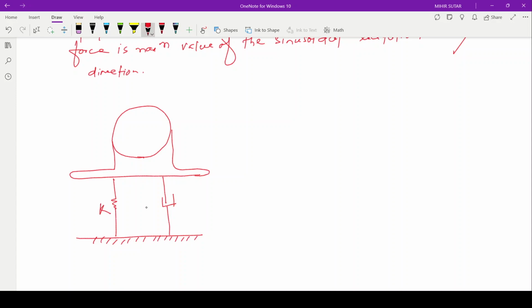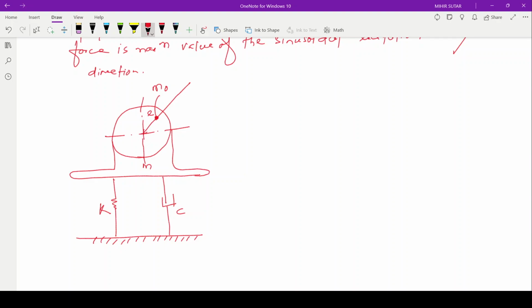So let's say this is K, this is C. Mass M is the total mass of the system, and the unbalanced mass is somewhere here. Let it be m0, at a distance e from the CG.